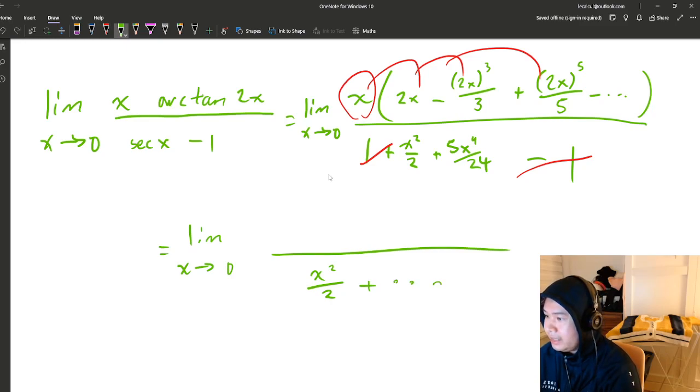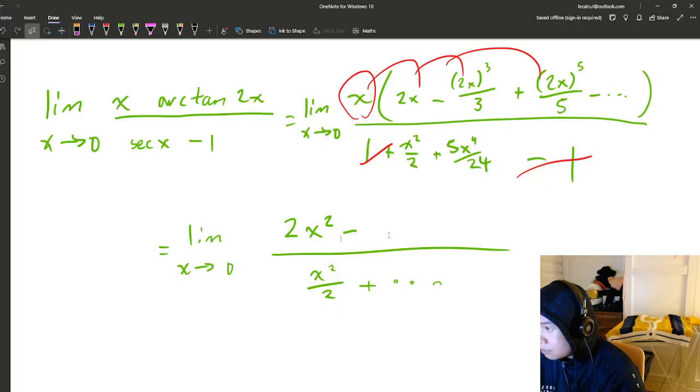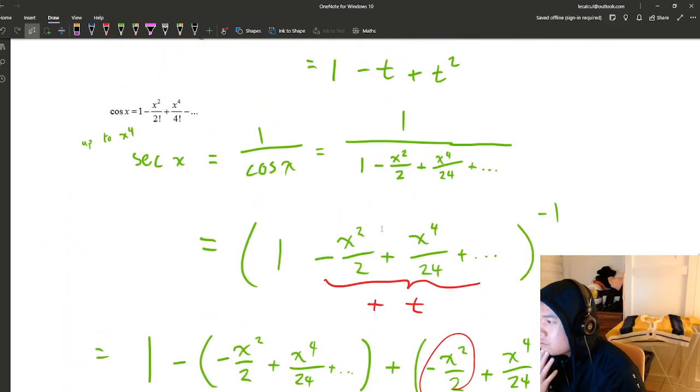And then we'll have 2 x squared minus, did I do this right?